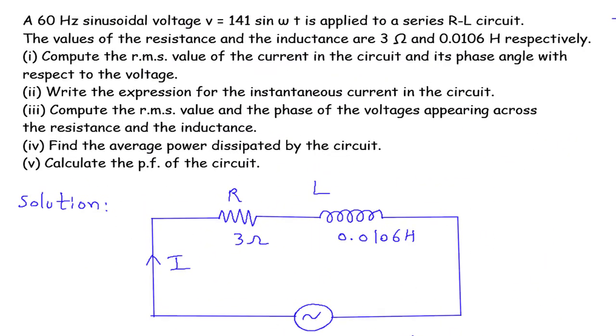Then third is compute the RMS value and the phase of the voltages appearing across the resistance and the inductance. So we have to find the value of VR, voltage across resistance, and voltage across inductance VL.